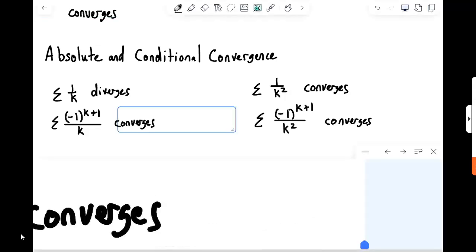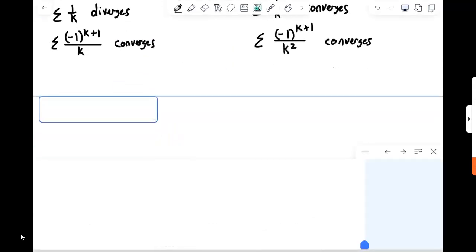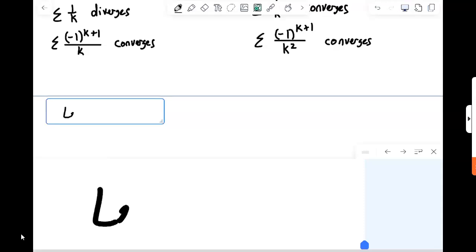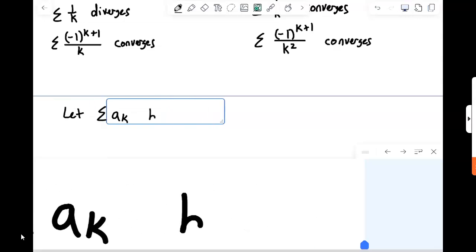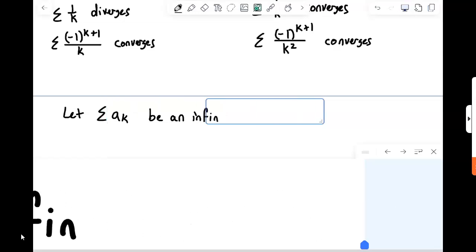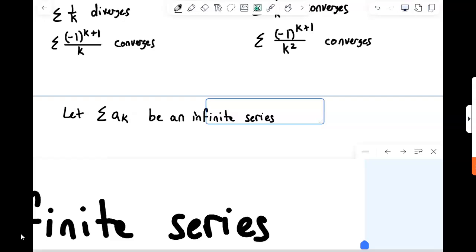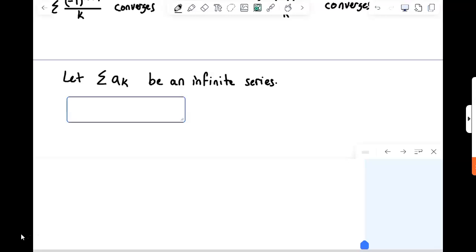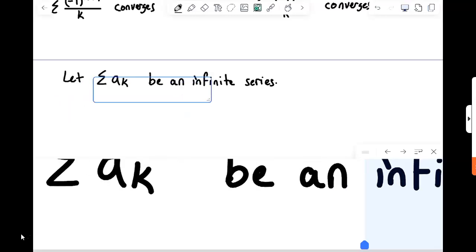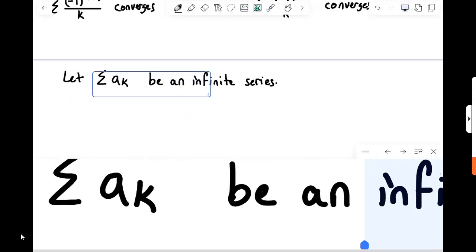Okay, so here we have the idea. We say let the series a_k be an infinite series. Now, for the most part so far, when we've been dealing with series, we've forced the underlying sequence to be positive numbers.